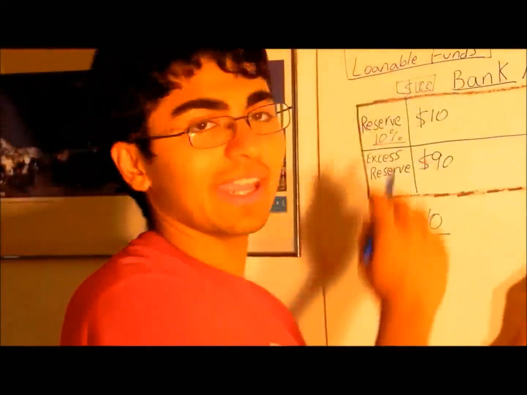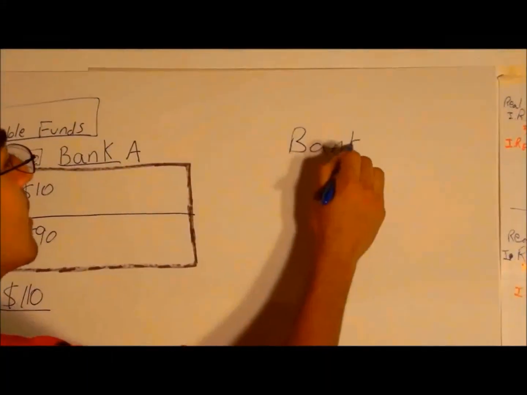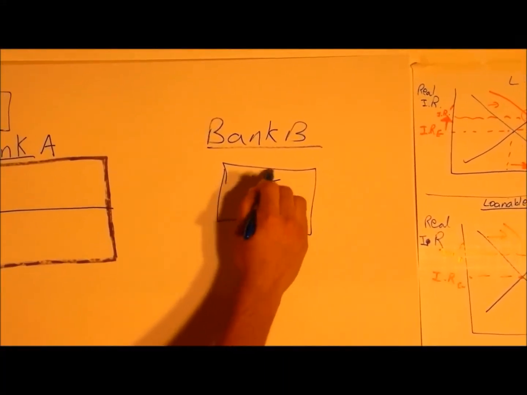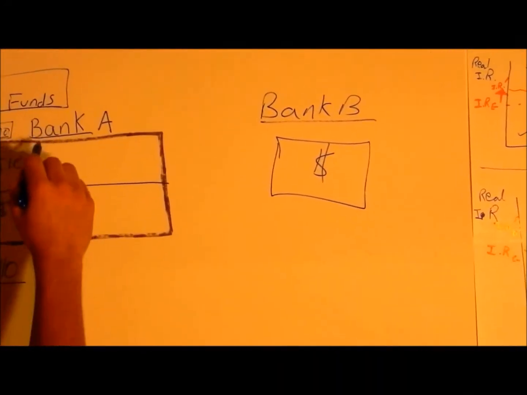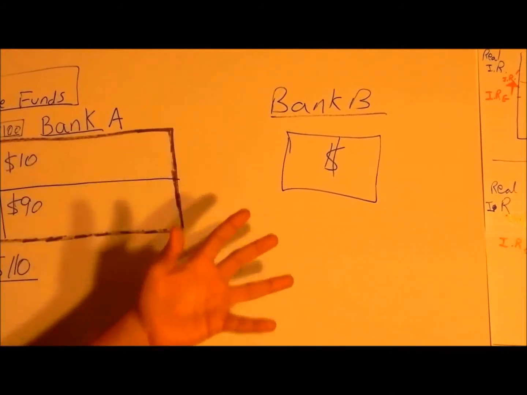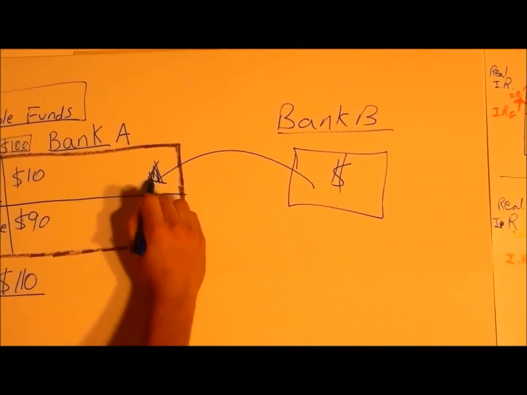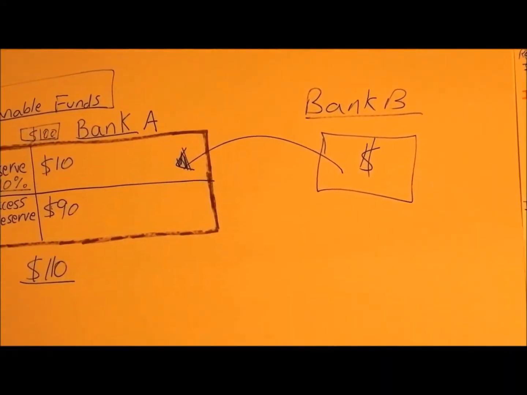Well, what Bank A does is it calls up Bank B. This bank has money. This is the wonder of capitalism: there's no one bank that monopolizes anything. So the money from here comes to this bank. All that Bank A has to do is pay Bank B an interest rate.